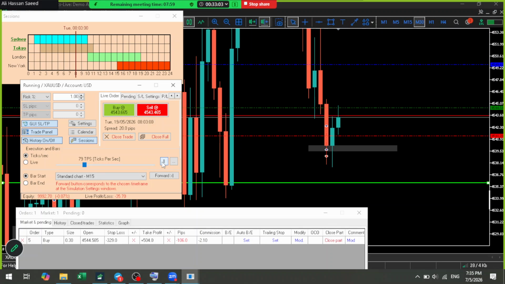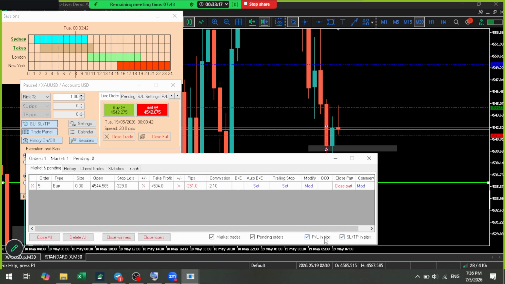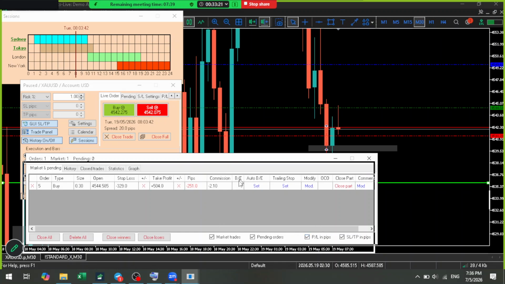We are 10 pips away from the optimal entry. We cannot close 50% because we are already down. What is this? 75 pips. Yes.